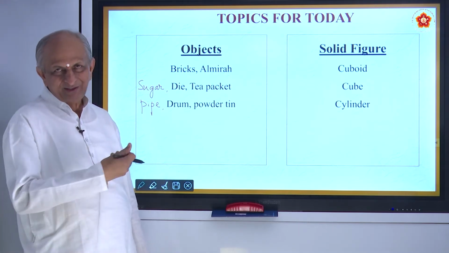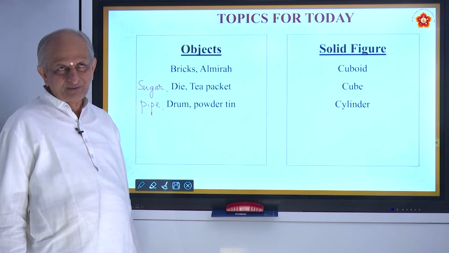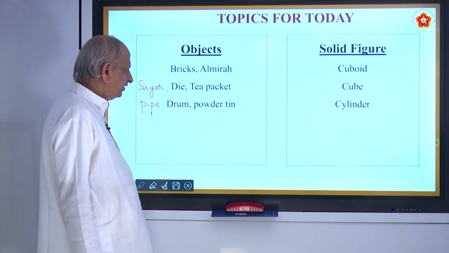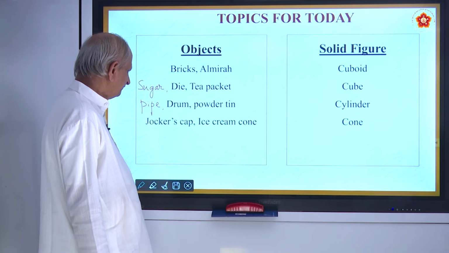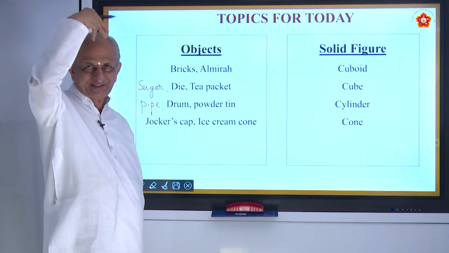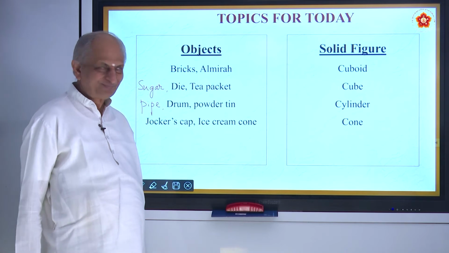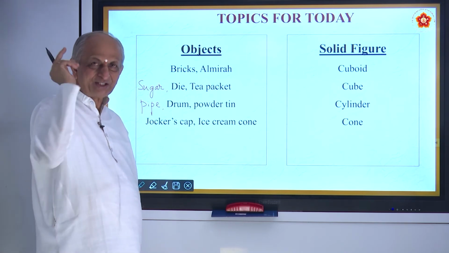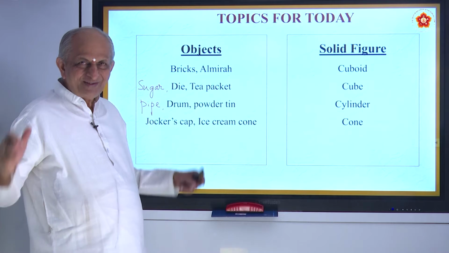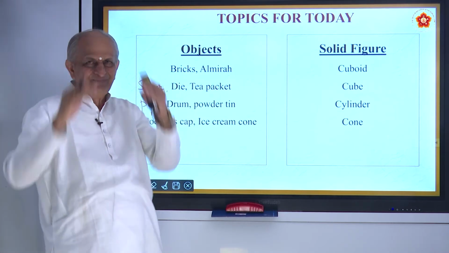You know how the pipes are used in the farming work. All these are cylindrical in shape. Then you have the joker's cap. In a circus, they use a cap. You might have heard about Santa Claus. That shape is called conical.